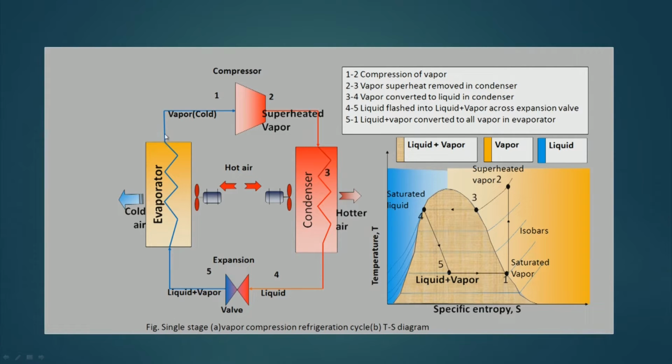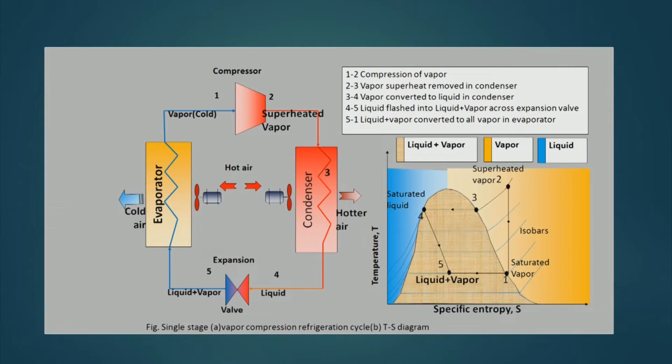We can have a saturated vapor or a superheated vapor, depending upon how the evaporator is designed. Then this vapor goes to a compressor, and from a low pressure to a high pressure, compression takes place here. Here mostly we get superheated vapor, and then this superheated vapor is cooled down.